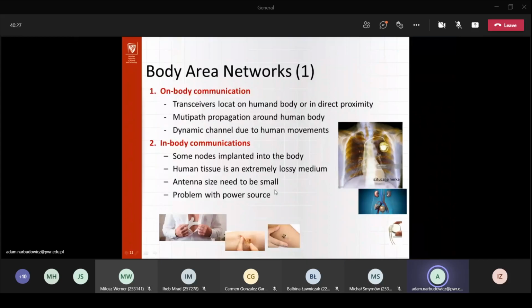And lastly, the final problem is, of course, the power source. If you have an implanted device in the human body, you cannot do a surgical operation every now and then just to replace the batteries. And that's also problematic. In the context of what we said earlier, we have a lossy medium, which means your signal is weak.